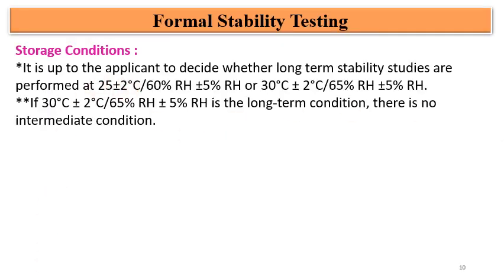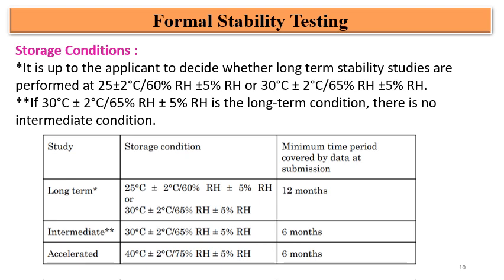Then storage conditions. So long-term condition, intermediate condition and accelerated condition is there. See, always 40/75 will be the accelerated condition and it will require 6 months. Then intermediate will require 6 months, but the applicants are not forced to 6 months only.